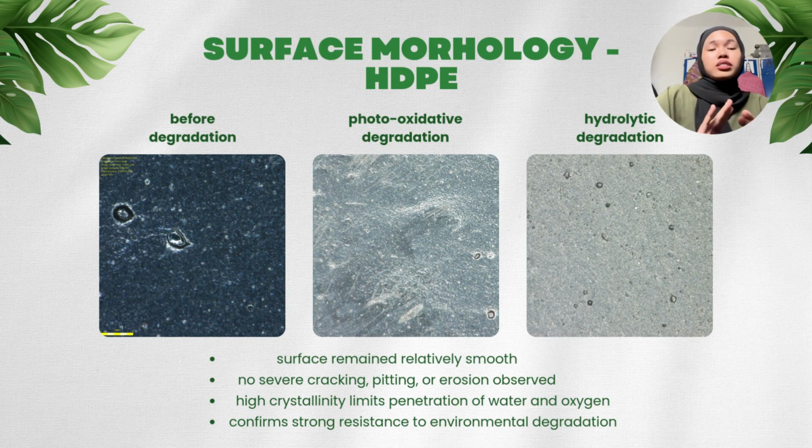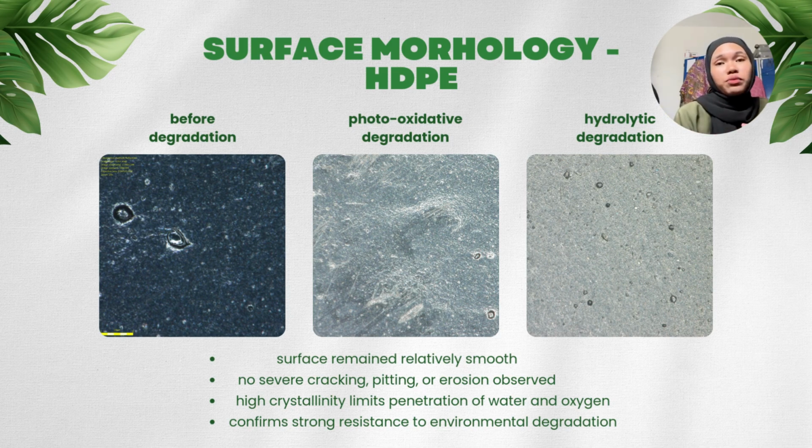This strong resistance to degradation is attributed to the HDPE's dense molecular packing, high crystallinity, and low permeability, which limits the penetration of water and oxygen. As a result, degrading agents cannot easily access the polymer chain, preventing both chemical and physical degradations.